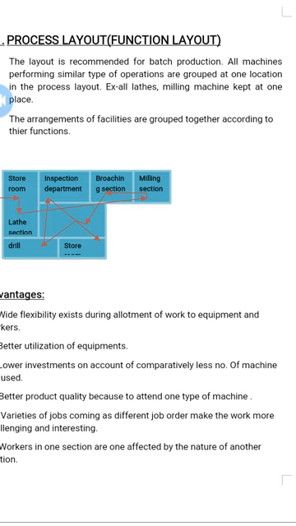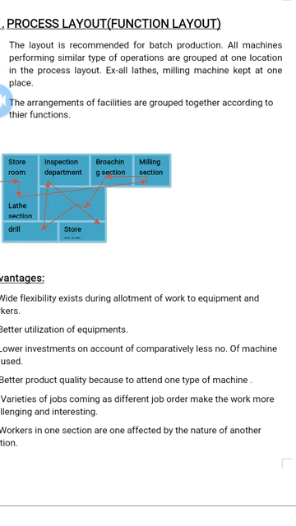So, there are three major types of production. One is mass production, the second is batch production, and the third is job shop production or fixed layout production.